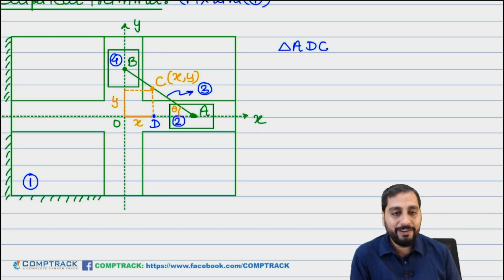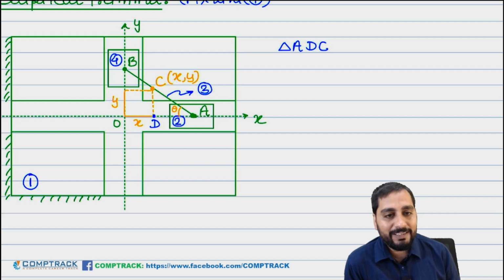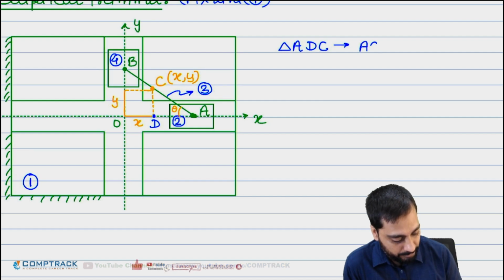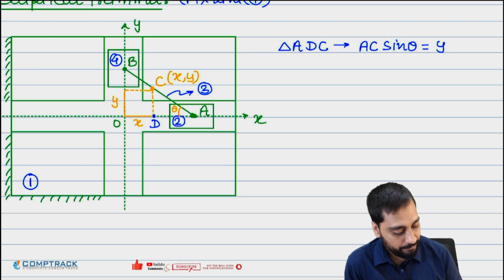So in triangle ADC, what you will see? Sine theta. So here AC sine theta will be equal to y. Yes or no?